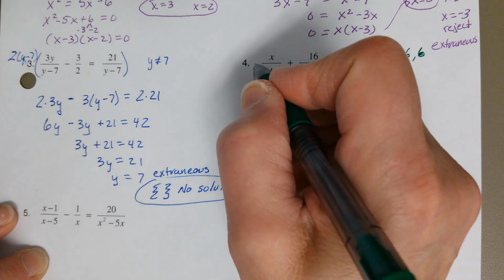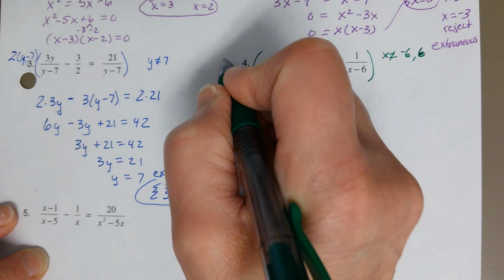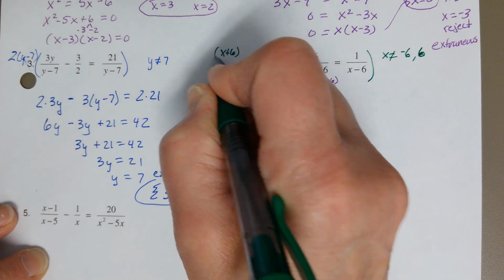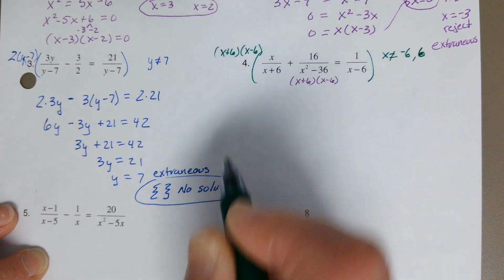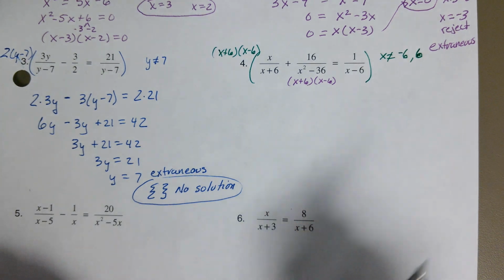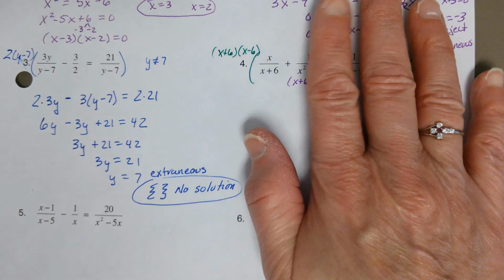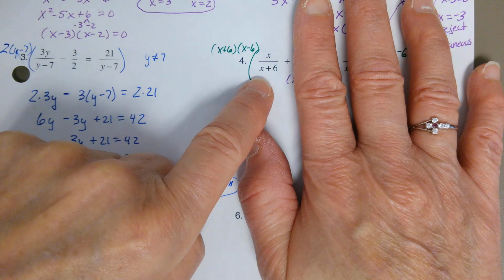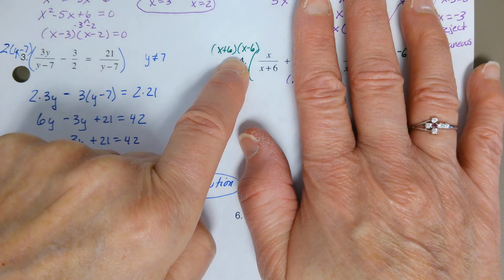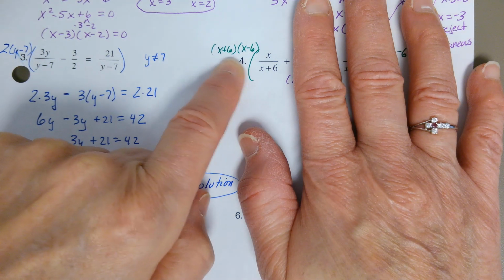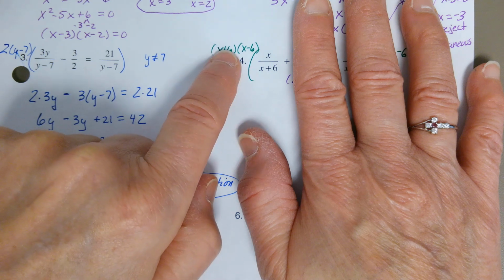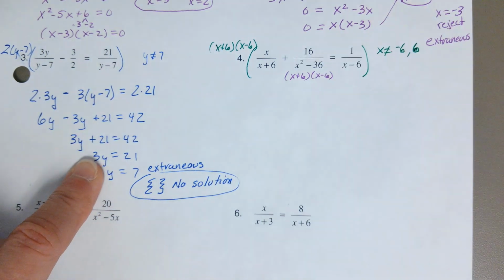We're going to multiply the entire equation by x plus 6 times x minus 6. Covering this up, taking the first fraction, multiplying it by x plus 6 times x minus 6, the x plus 6's divide out. So we're left with x times x minus 6.